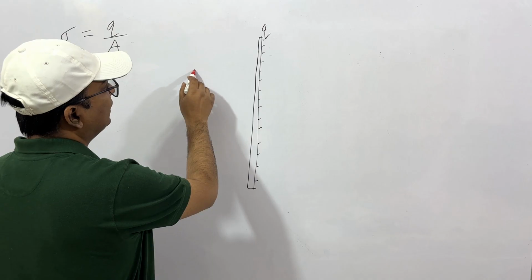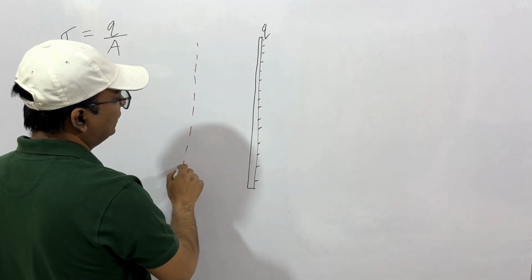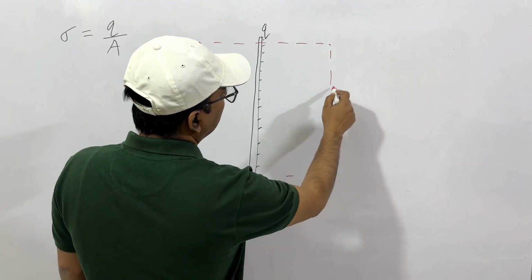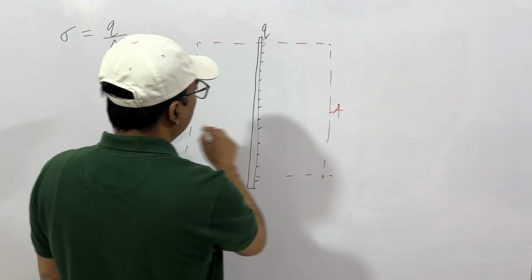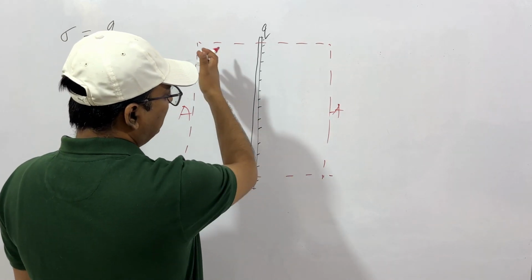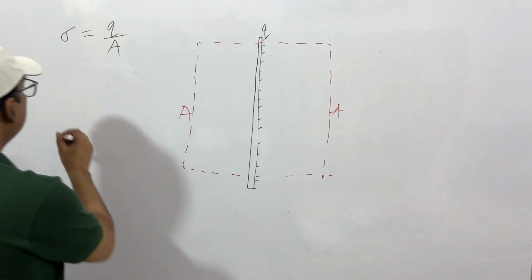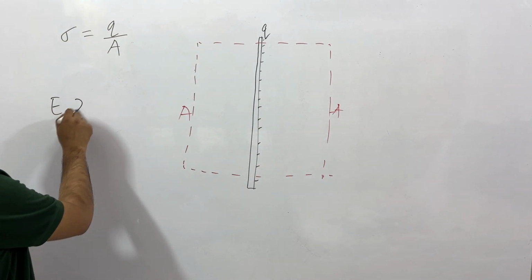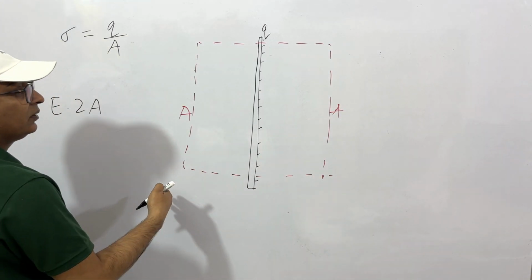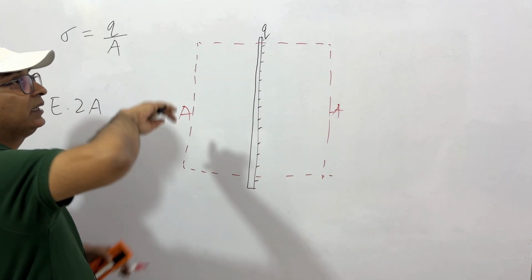What it will be? The area will be, see, we have one area to this side and one area to this side for electric field. Plane area A. So E into A, this you know. So this will be 2A. If area of one side is A, then area of the other side is also A. This is a sheet, it has some area.